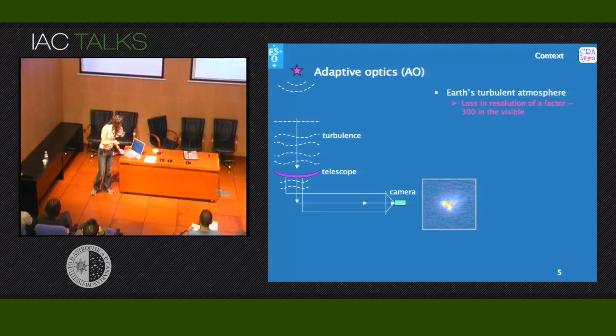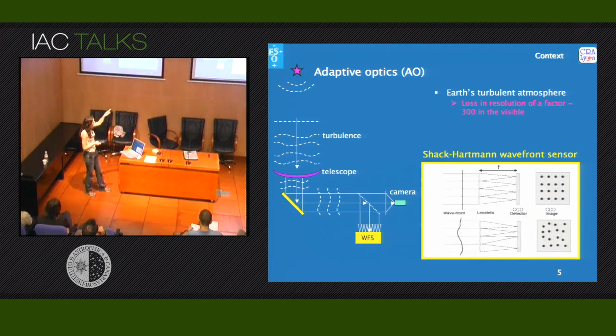is to analyze the perturbation of the wavefront with a wavefront sensor. And for example, here is a Shack-Hartmann wavefront sensor. So if the wavefront were flat, you would have small images in the subapertures here, which are all centered. And since there are perturbations due to the atmosphere, these spots are moved, and then you can acquire the data to get the slopes of the wavefront above the aperture of the telescope.